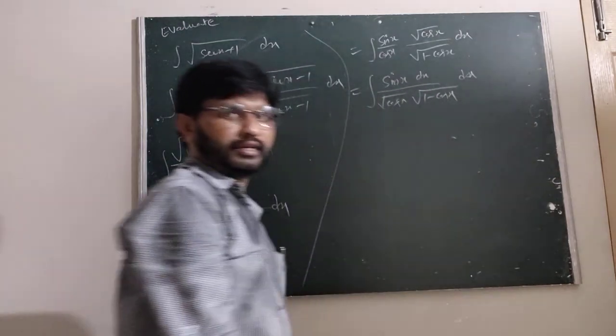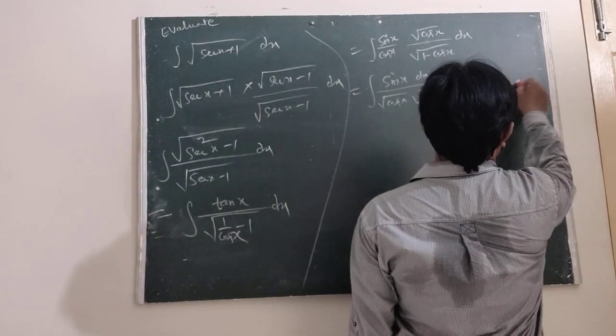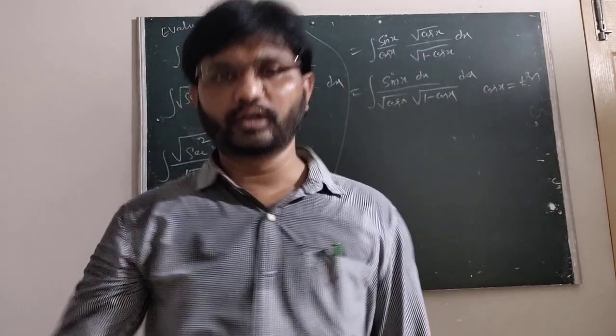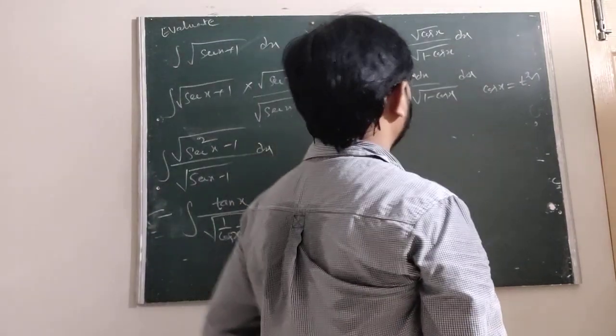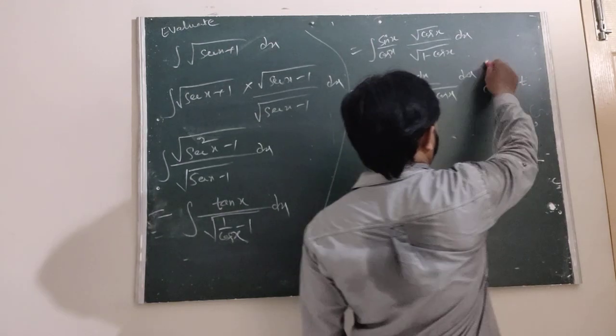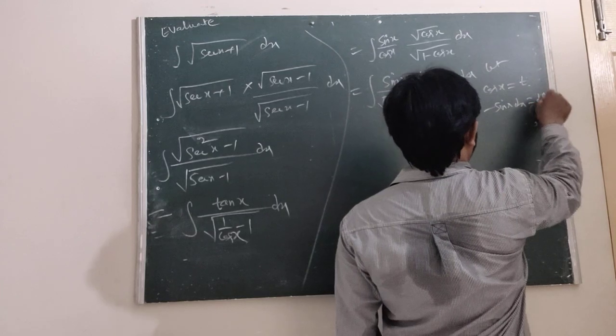Therefore, let us take cos x as t square. Is it okay? Cos x equal to t square. Differentiating on both sides, the derivative of cos x is minus sin x into dx, equal to dt.